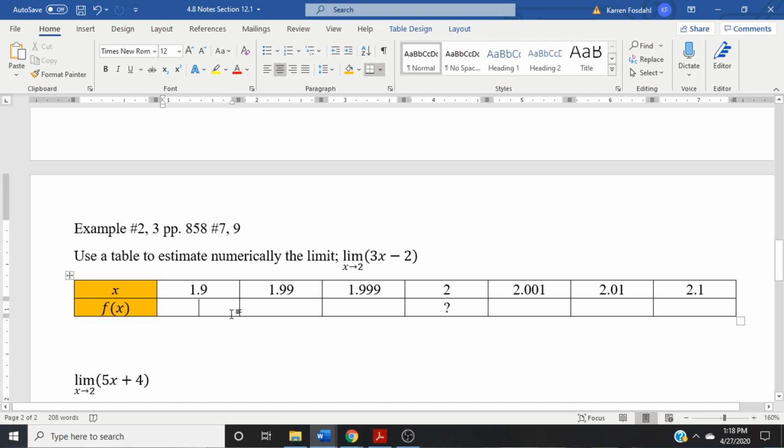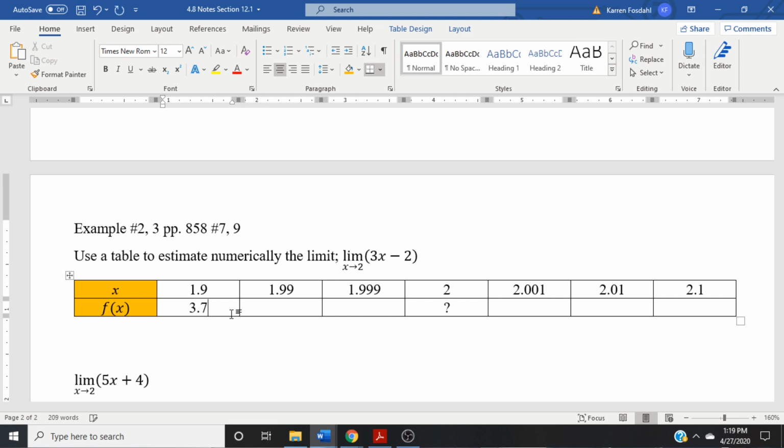So 1.9. If I plug it in for x into my calculator, I get 3 times 1.9 minus 2, and that answer is going to be 3.7.